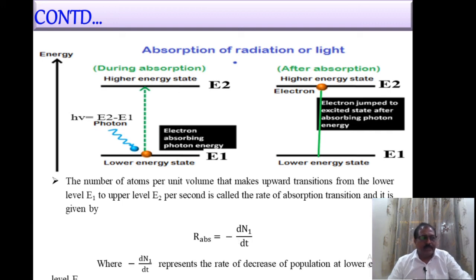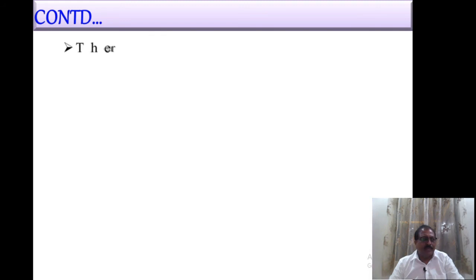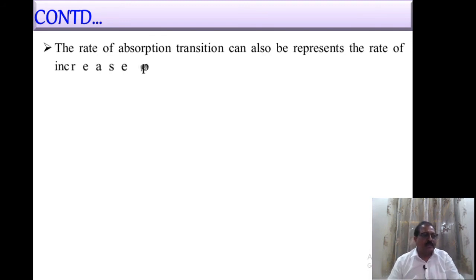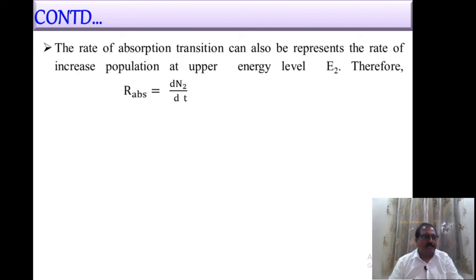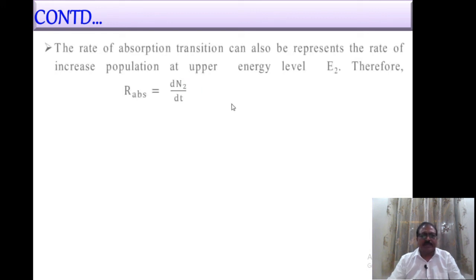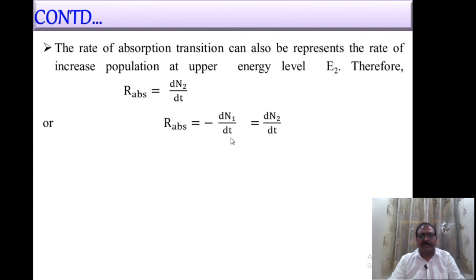The rate of absorption transition can also be represented as the rate of increase of the population at the upper energy level E2, so R absorption is equal to dN2 by dt, with a plus sign due to this increase in the population at the upper energy level E2. So the rate of absorption transition is nothing but minus dN1 by dt, which equals dN2 by dt.